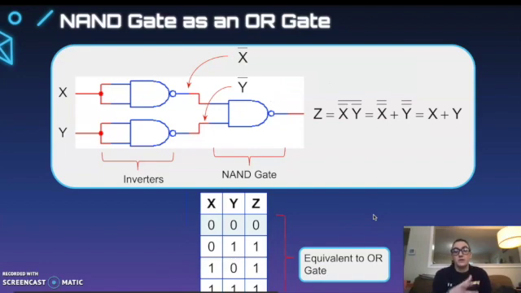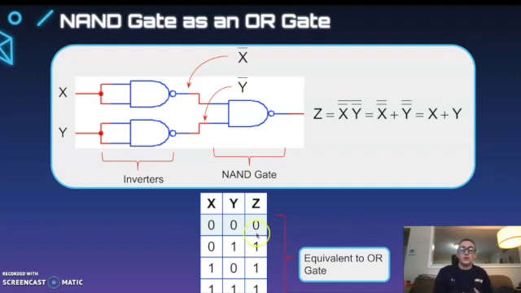Okay, now we can get even trickier, and we can use the NAND gate as an OR gate. This is going to require 2 inverters with a NAND gate afterwards. So in order to make the AND or OR functions coupled together in a way that we would do with a traditional AND gate or OR gate, we have to use a sequence of NAND gates, if you're not noticing that trend.